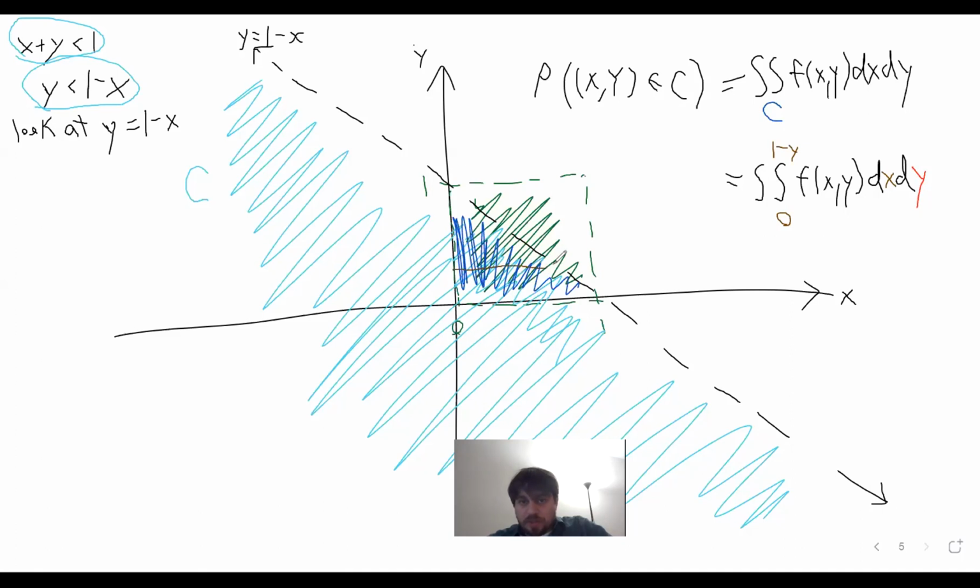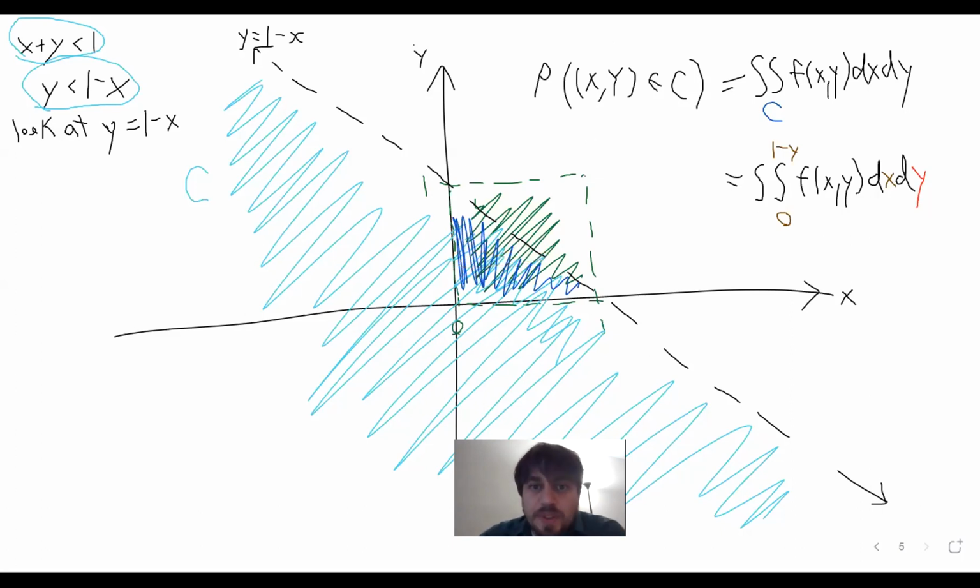So it's horizontal. Okay, so you have x equals 0 to 1 minus y. So it's the horizontal one.